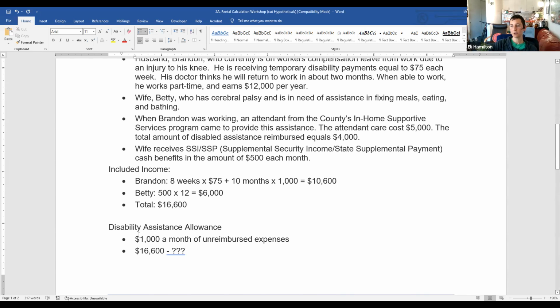We want to subtract the total expected unreimbursed expenses for the rest of the year, at $1,000 a month. So an assumption might be, well, it's $1,000 a month, there are 12 months in a year, is it going to be $12,000? Except we want to look at actual anticipated or projected expenses.